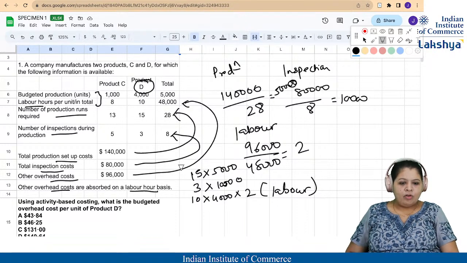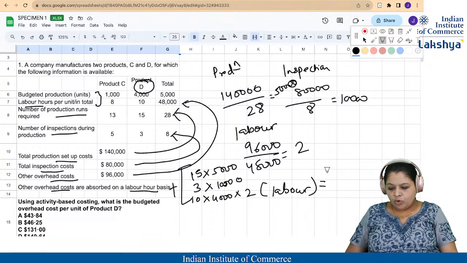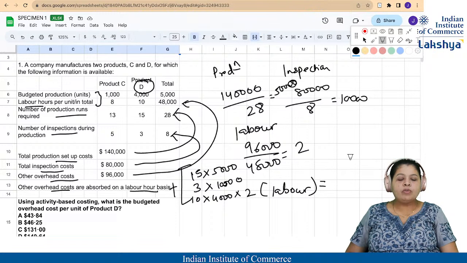Once you add all of them, you add these values up, you will get the value for the total amount of the production of D, which comes to 1,85,000, right? And then this 1,85,000, you need to divide it by the number of Ds produced.